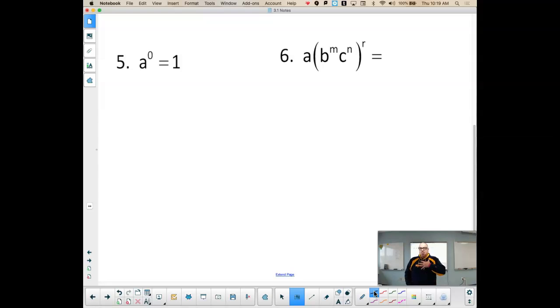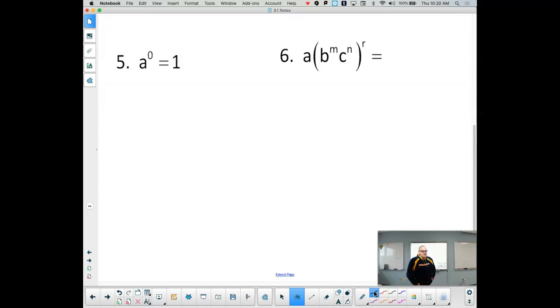In this particular case, the exponent of m is only controlling the b. The exponent of n is only controlling the c, but the exponent of r is controlling both b to the m power and c to the n power. So that's the first thing that this one is showing us.